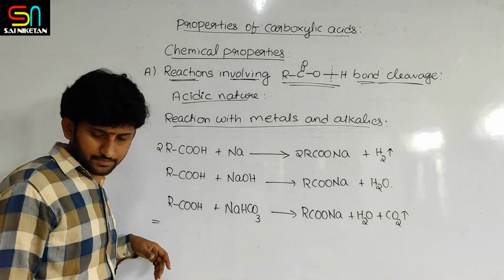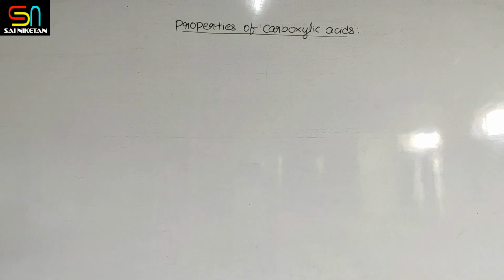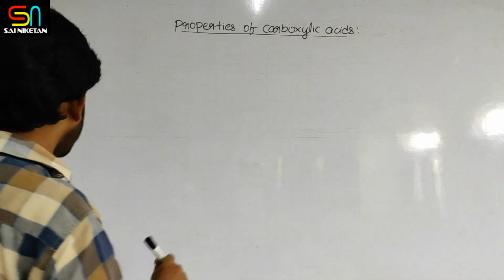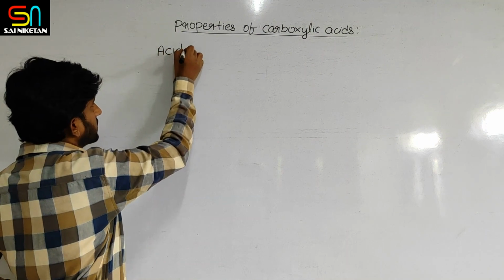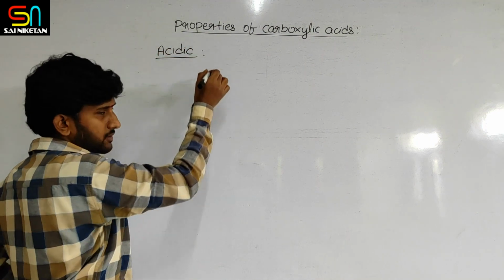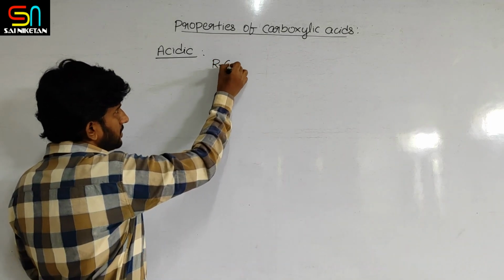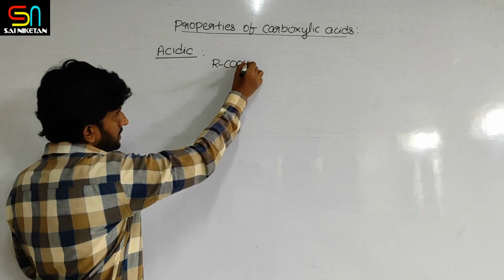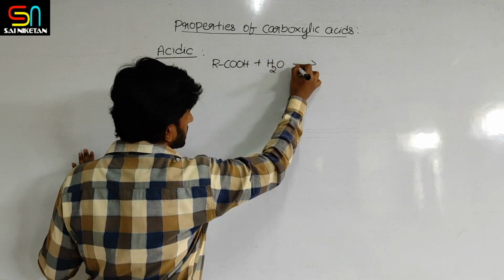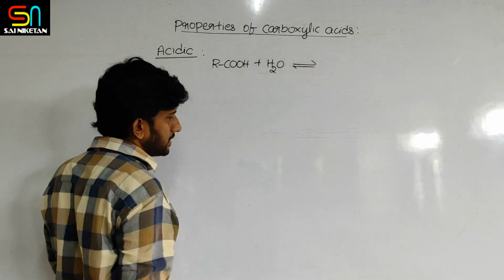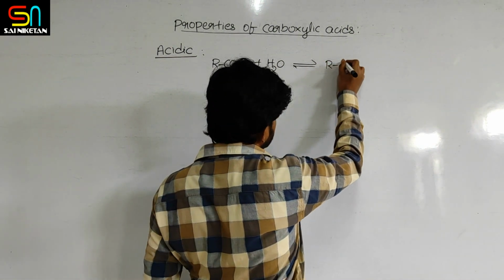Next we will see the acidic character. When any carboxylic acid is dissolved in water, basically a carboxylate ion is formed.